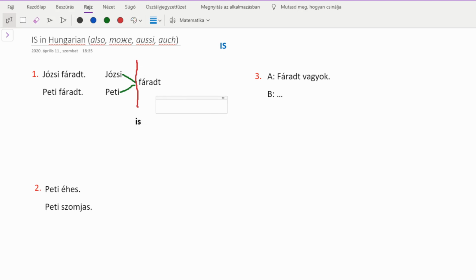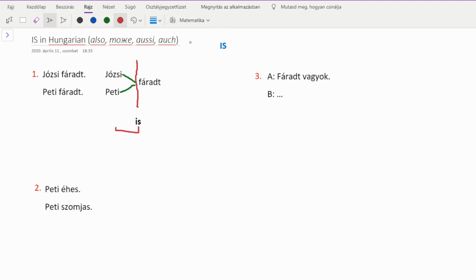and the rule is that we simply place this "is" word right after the subject that it applies for.